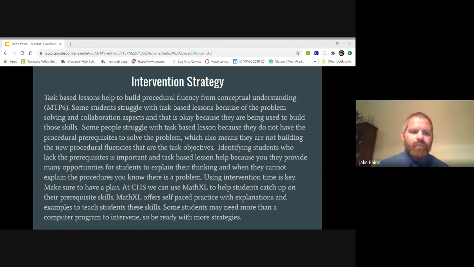The computer program will do that for you and guide them through that and get them caught up at their own pace. So during intervention period, you give everyone who needs it a Chromebook and let them work through this program.